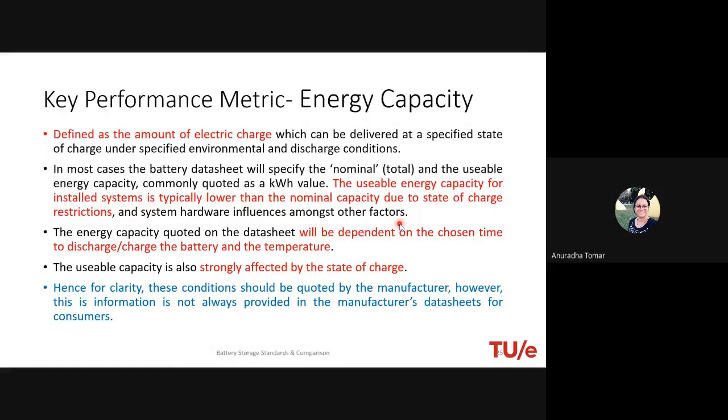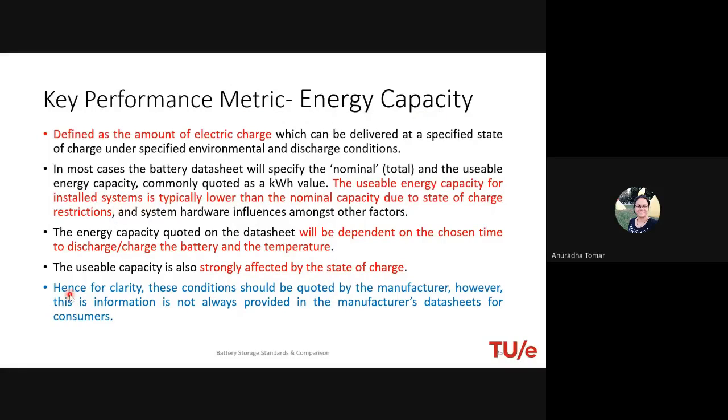And then key performance, as I feel that we are running out of time, I will just scroll through the slides with the main conclusions so that you could have a look later on. The key performance metric here is the energy capacity.